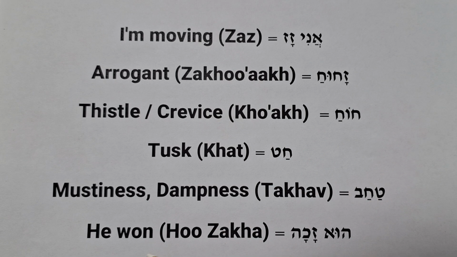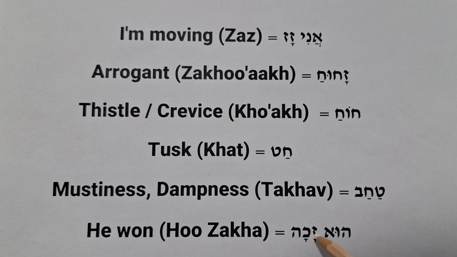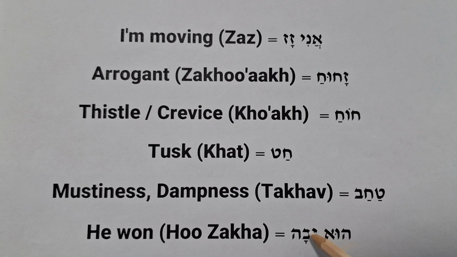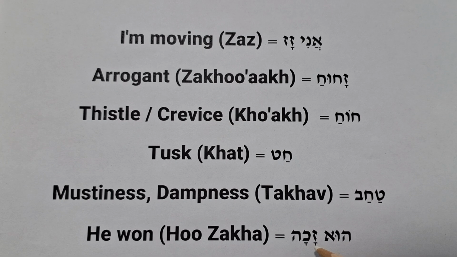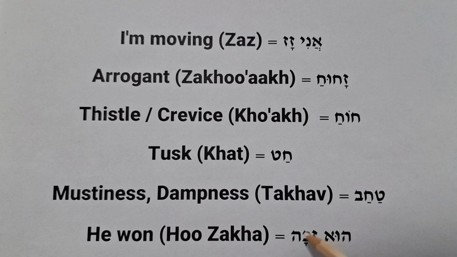And he won. Who? It's he, right? And Zakha. Again, Zain. And Hey, we learn this. Vav, we learn this. Alef. Who? Zakha. From the verb lizkot, to win. Zakha. And Kaf, we will learn this, but bear this in mind.